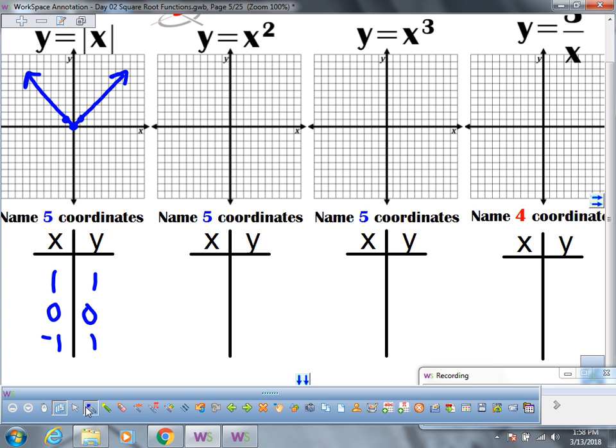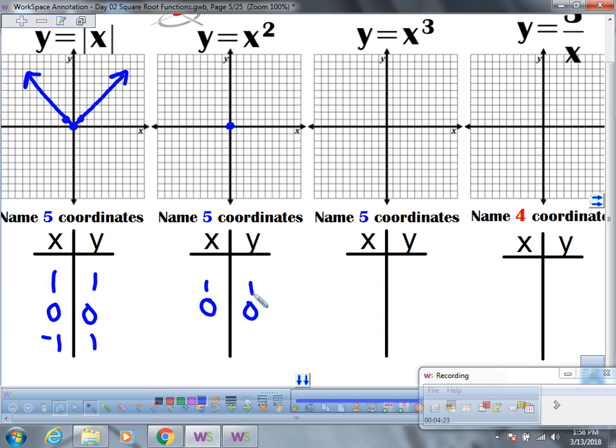Let's look at the parent function of a quadratic function. We have 5 different numbers we would use on that one. We would start with 0, 0. We called these our magic numbers, remember that? If we go over 1, if I square 1, I get 1, over 1, up 1. If I square 2, I get 4, over 2, 1, 2, 3, 4.